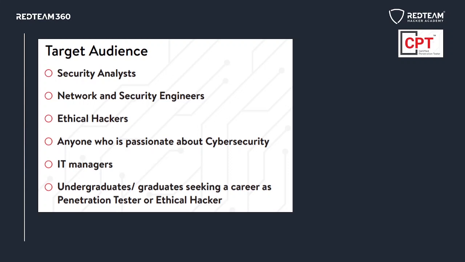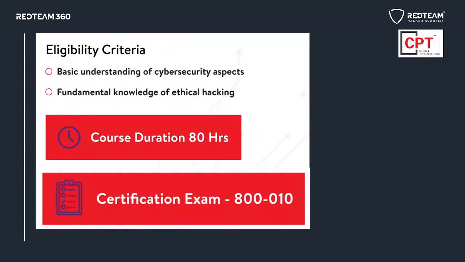So the different target audiences are given here. In addition to this, the course duration is 80 hours. By the end of this 80 hours, you will have an exam. The exam code is 800-010. And once you pass the exam, you will be given the course certification by RedTeam Hacker Academy.